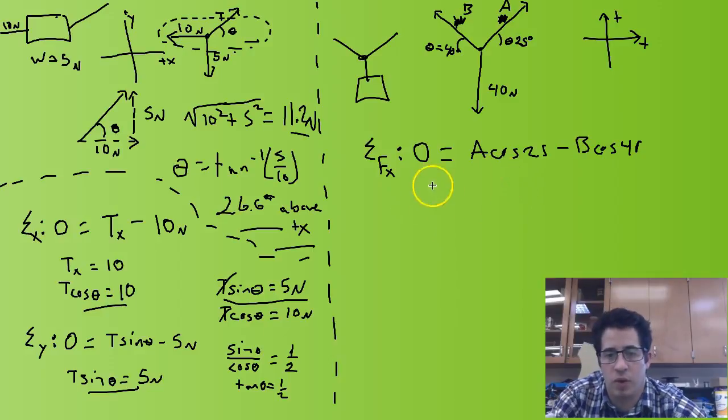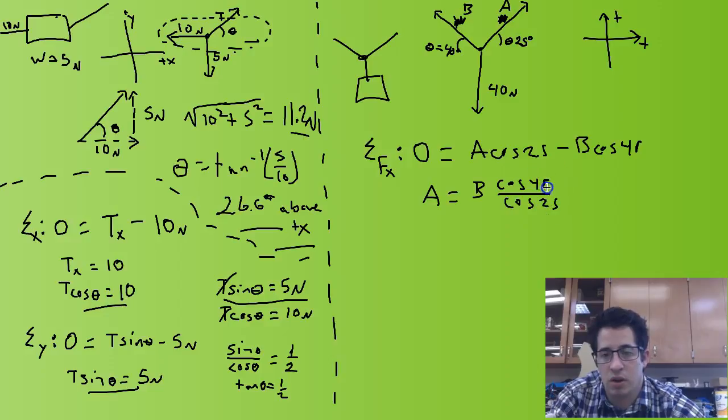Okay, and if you want to, you can say, okay, I'll add that over and then divide by cosine of 25 so that A is equal to B cos 40 over cos 25. Okay, and then you could punch that into your calculator.